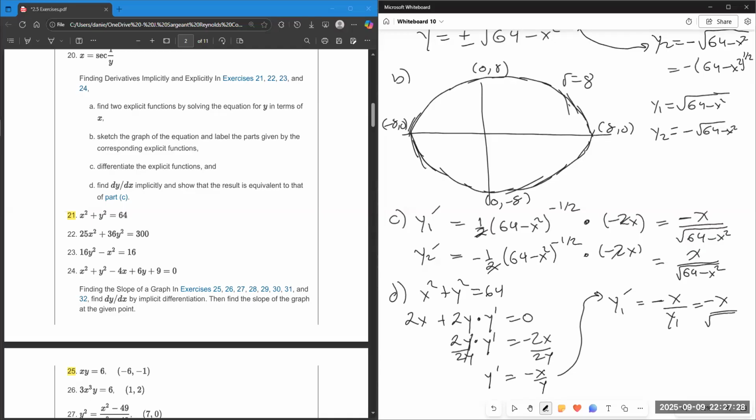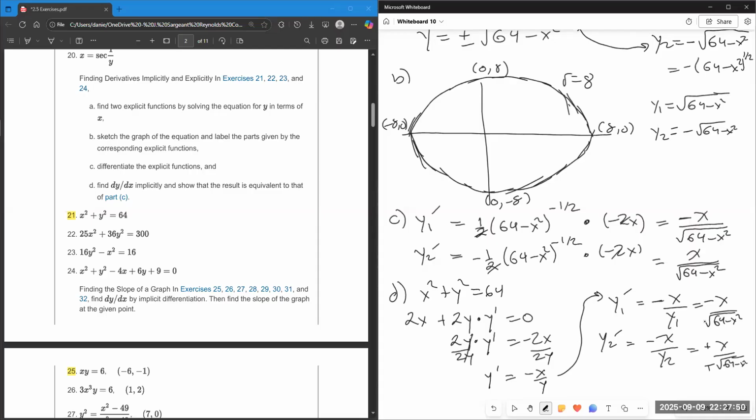So root 64 minus x squared, that's the same thing that I have for y1 prime here. y2 prime is going to be negative x over y2, which is a negative x over a negative root 64 minus x squared.